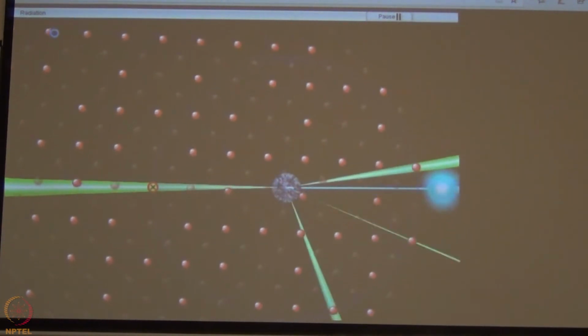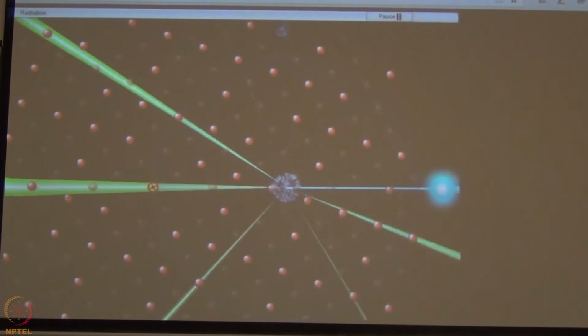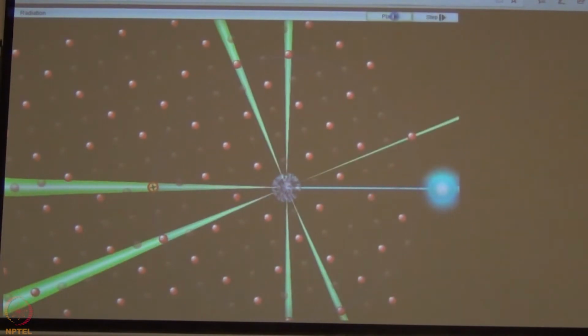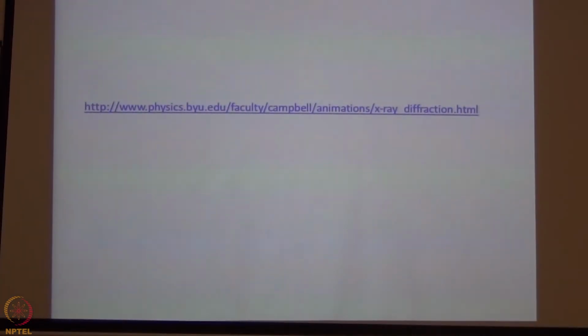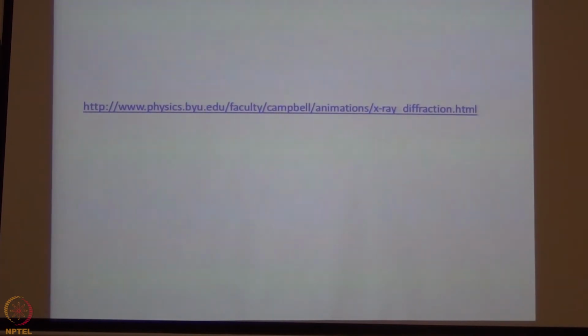Do you know why this is seen? What is the reason behind it? Can somebody guess the reason behind that? Interference. What kind of interference? Both constructive and destructive.